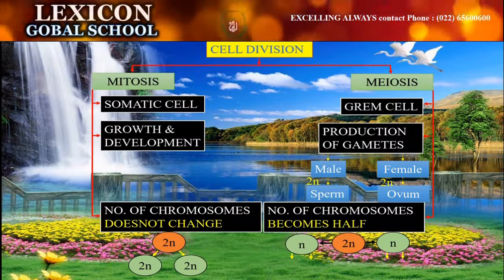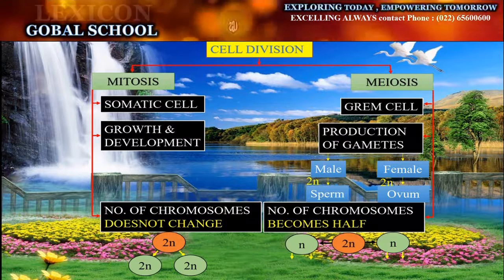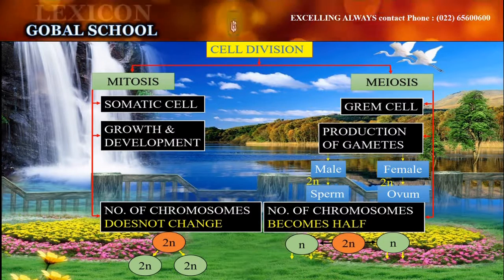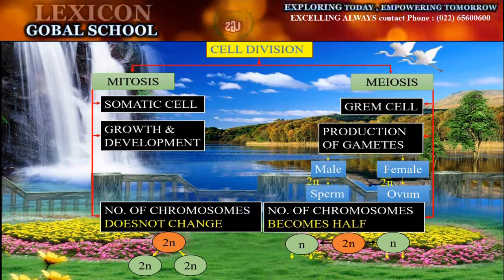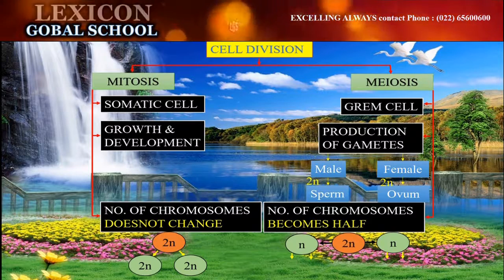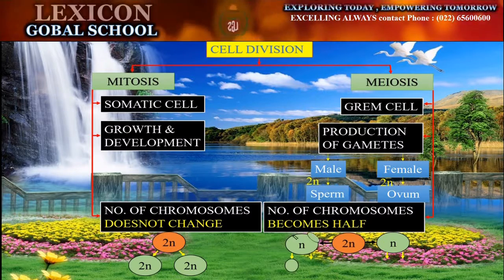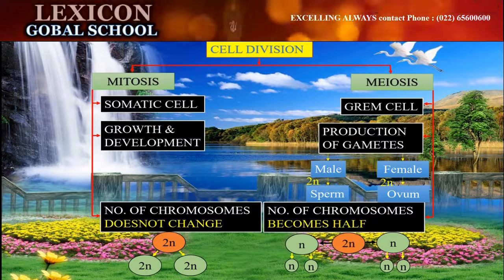When meiosis division takes place, we are going to have 4 daughter cells at the end of the stage. And when mitosis cell division takes place, we are going to have 2 daughter cells at the end of the stage. We are going to study both the cell divisions in detail. But understand this: when I have meiosis division, I have 4 daughter cells, that means haploid cells.